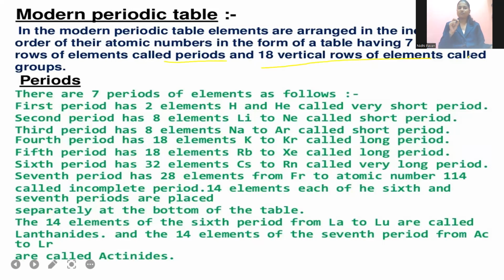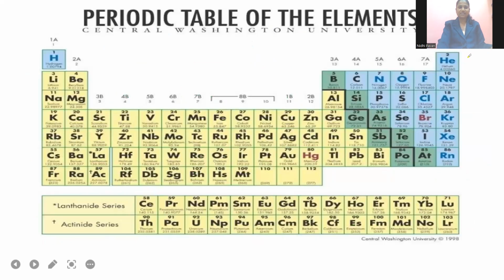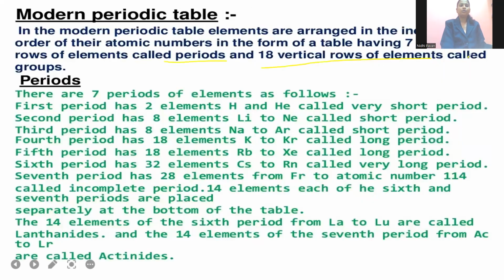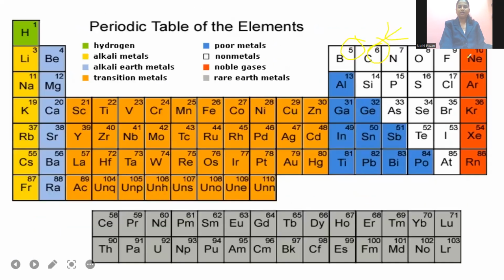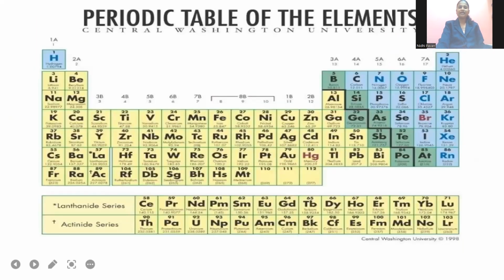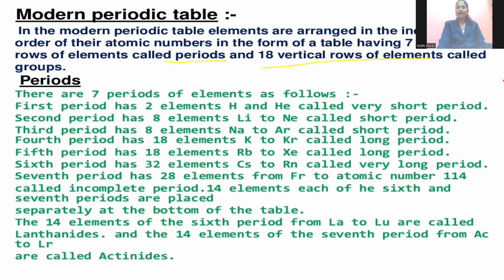There are 7 periods of elements. The first period has 2 elements, hydrogen and helium, which is a very short period.